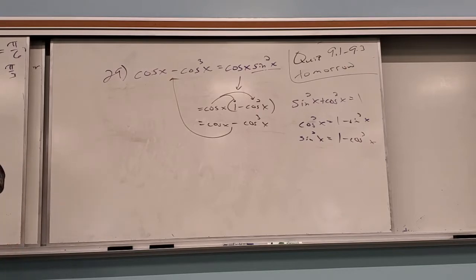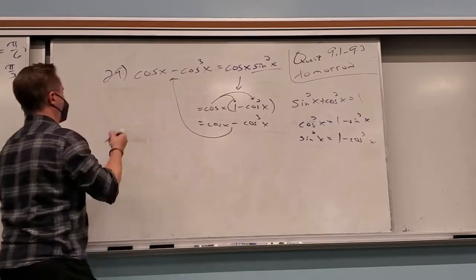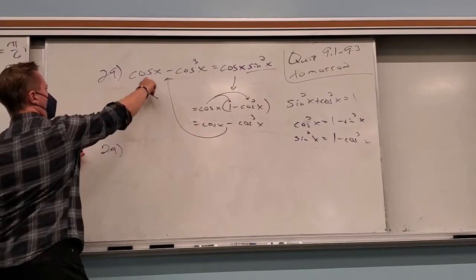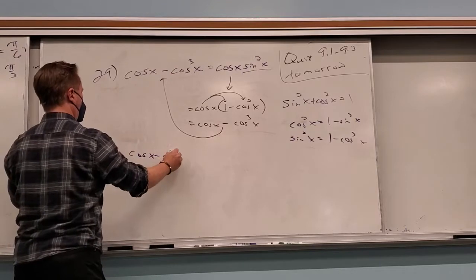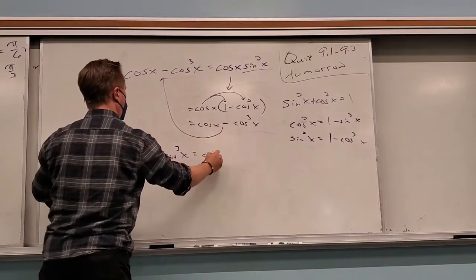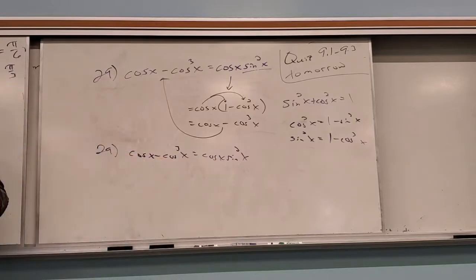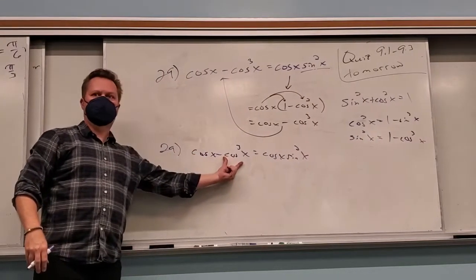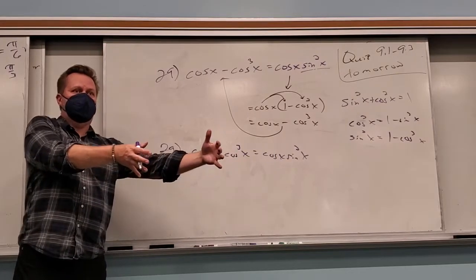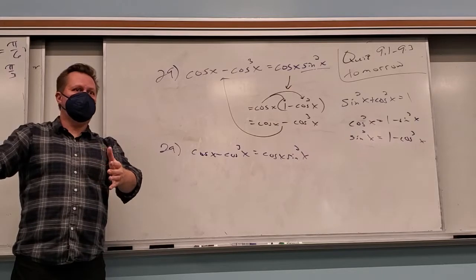Now, somebody else can take that same problem and start working on the other side. Can anyone see something to do to this side? Let's look at this problem again. What do both terms have in them? Cosine. So can't I GCF a cosine out? Right?